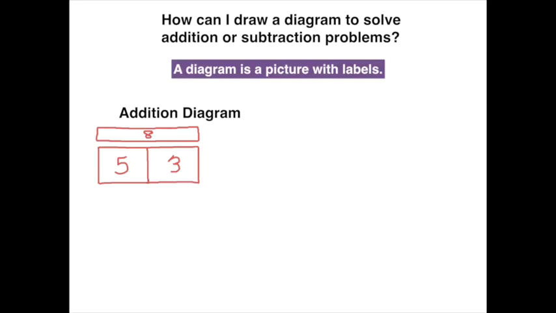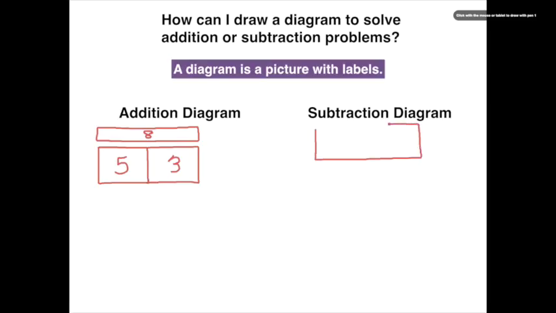Okay, now, I'll show you an example of what a subtraction diagram might look like. Alrighty, here we go. They might give you something like there's 10 of something, and then there's another amount.